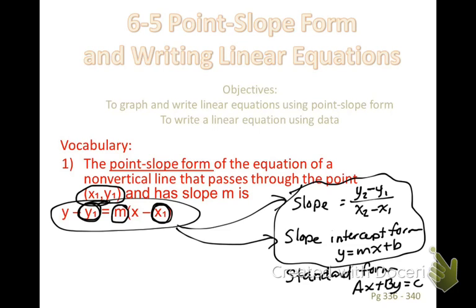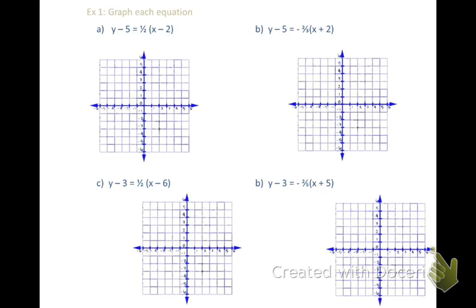So let's go over some stuff. Right now, example 1, we are going to graph. So, step 1, find the point. I'm going to put my stuff out there, and this is going to be your y1 and your x1 point.